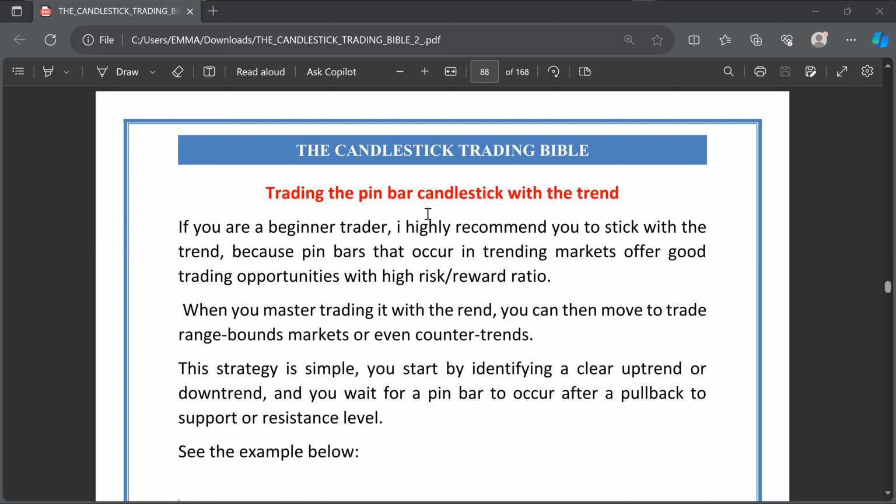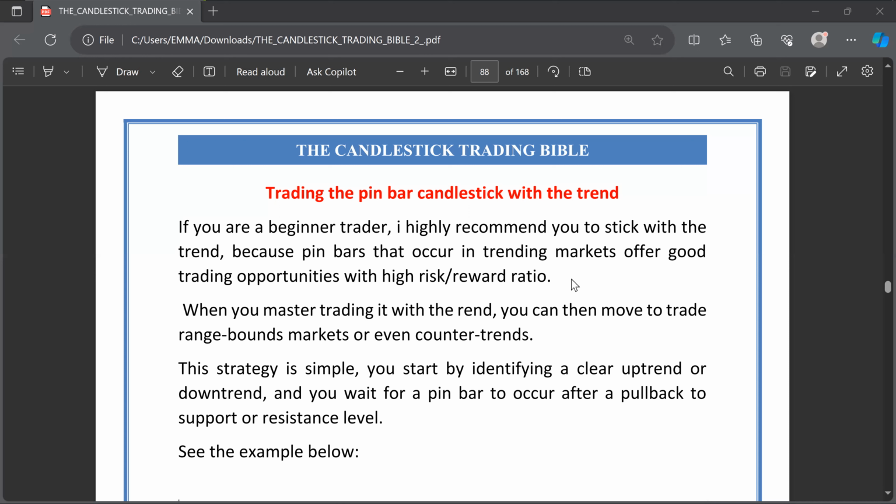I said earlier that I will be explaining more about what the risk to reward ratio is, but we are not there yet. I don't want to go ahead of us. You may get confused. So let's do it sequentially, step by step.